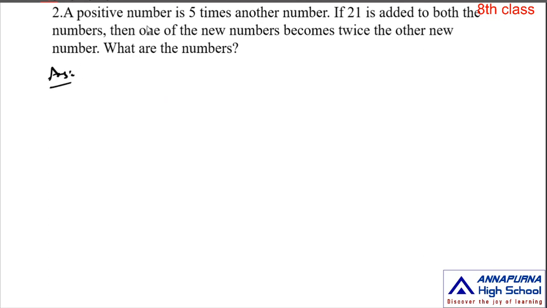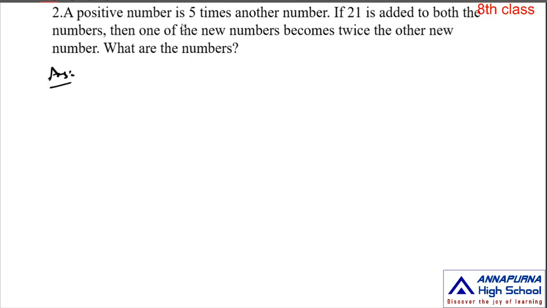A positive number is 5 times another number. If 21 is added to both the numbers, then one of the new numbers becomes twice the other new number. So what are the two numbers? So this is the question.